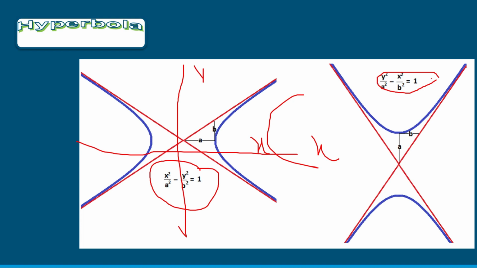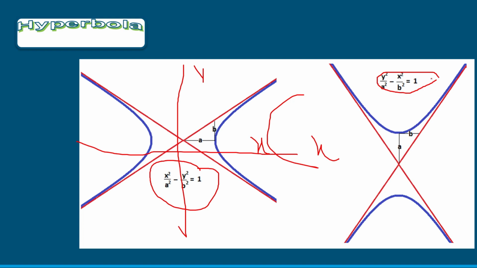If you interchange the values of y and x, you will get the opposite of that. If you get x square by a square minus y square by b square is equal to 1 in the x direction, then by interchanging x and y you will get it in the opposite direction.